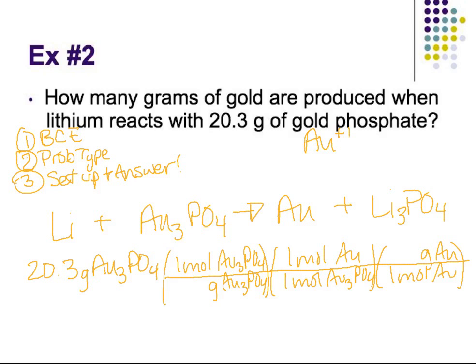All right, I need my periodic table. So gold is 197.0, and there's 3 of them, times 3, plus phosphorus at 30.97, plus 16 plus 16 plus 16 gives me 669.97.